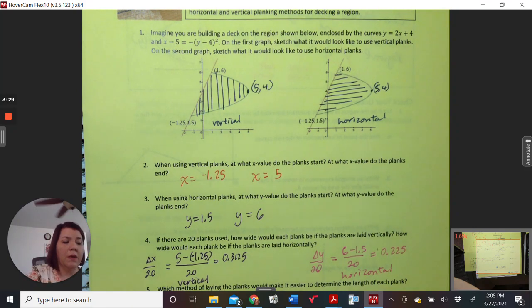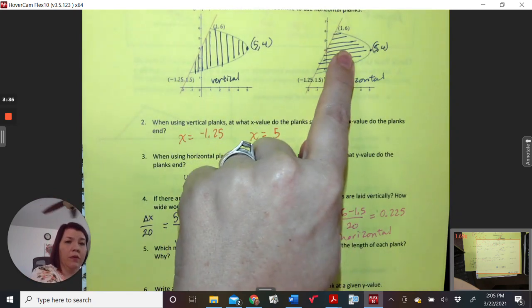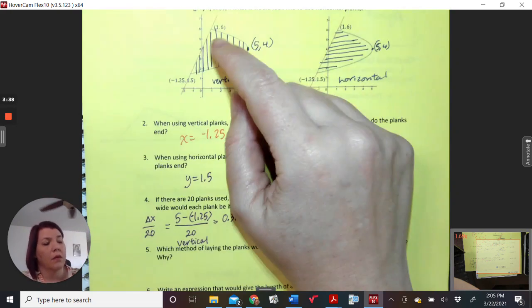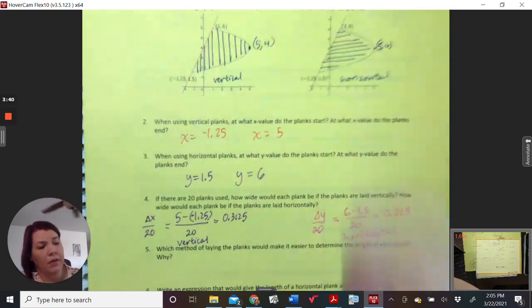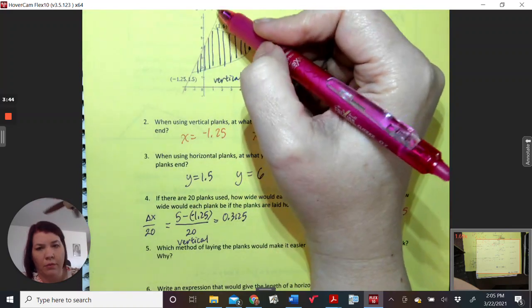Which method of laying the planks would make it easier to determine the length of each plank? So would it be easier to determine them this way or this way? Up until I get to 1, I can go top minus bottom, no problem, two different curves.